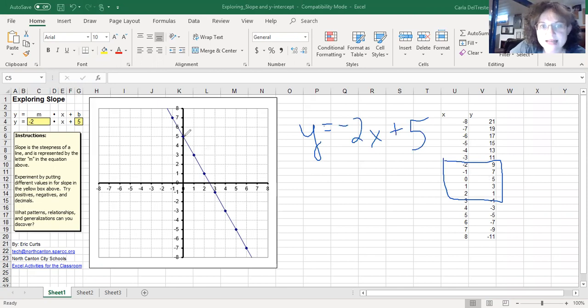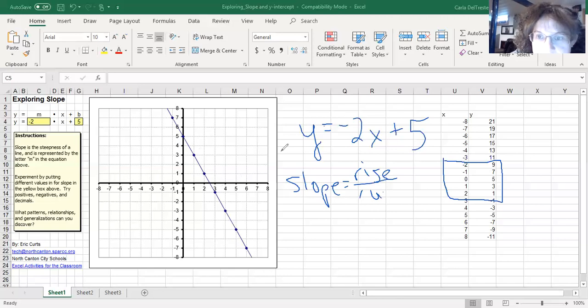But now let's analyze how we would walk this line. To walk this line, I would be going down 2 and to the right 1, down 2 and to the right 1, down 2 to the right 1, and that pattern would continue. So if I did my slope, again, looking at rise over run, I would be going down 2, so -2, and to the right 1, which is just -2.